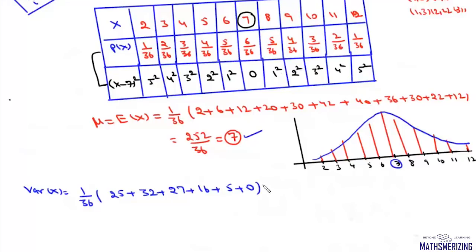So all we have to do is multiply it by 2. Now this is 1/36 into 105 into 2. Now this is 80. If we solve this value, it will be 5.83.